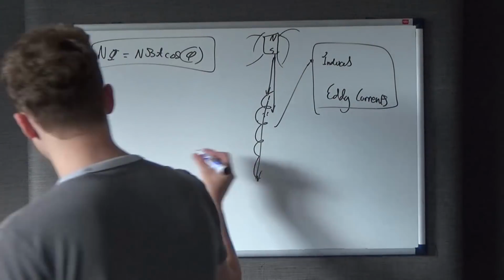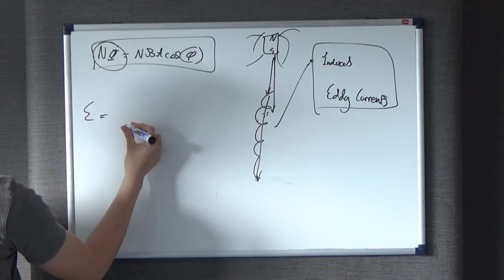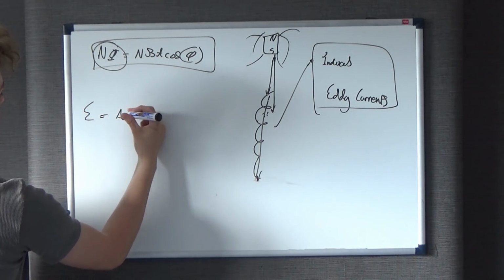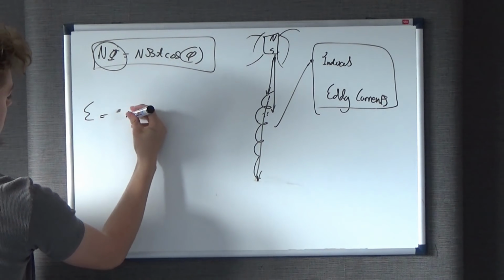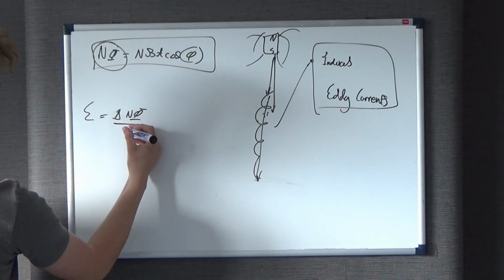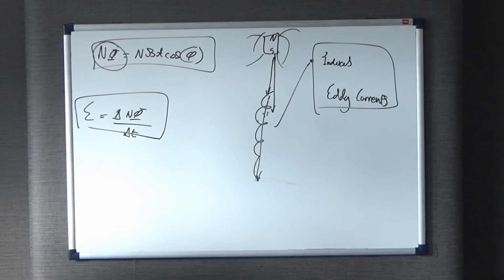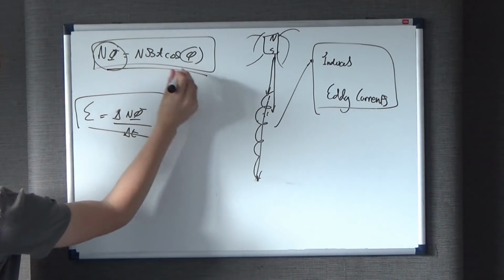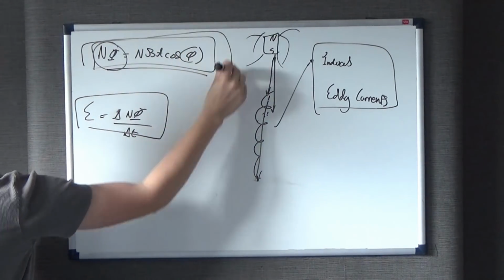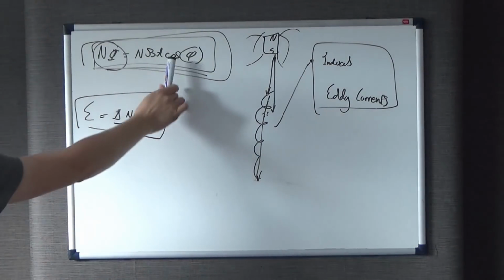So the EMF generated in this coil is equal to the rate of change of N phi, so change in flux linkage over the change in time. That's the EMF. Now, as I say, the flux linkage gives a cos graph, as we've proved here with cos.